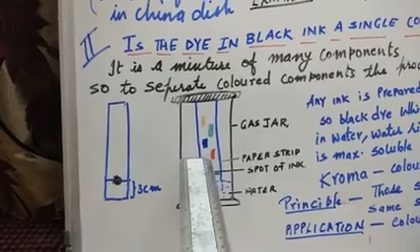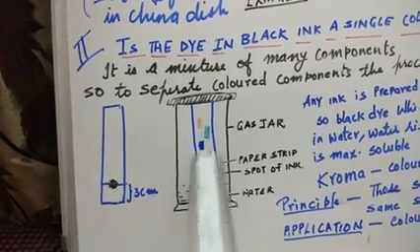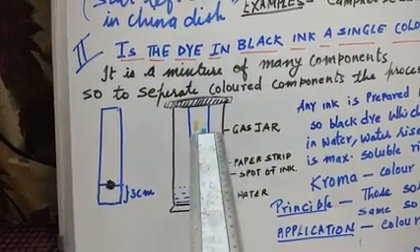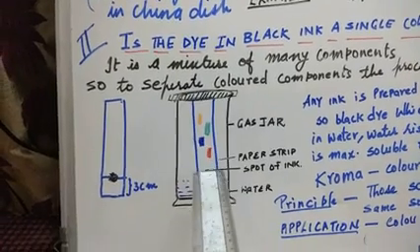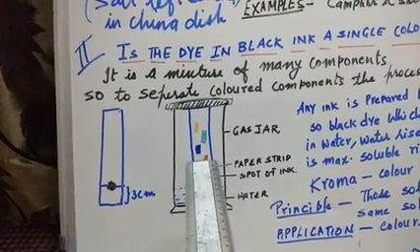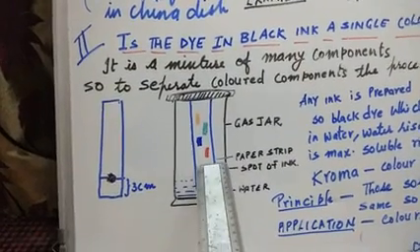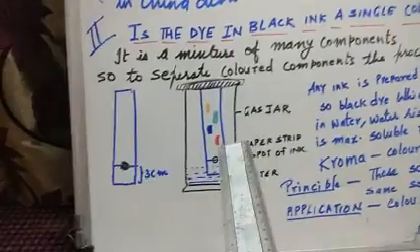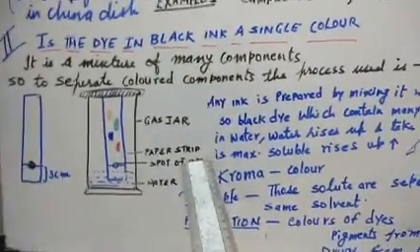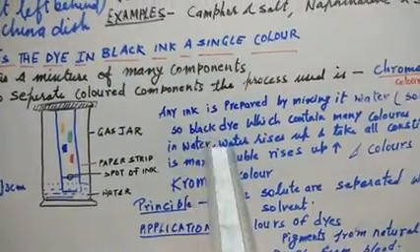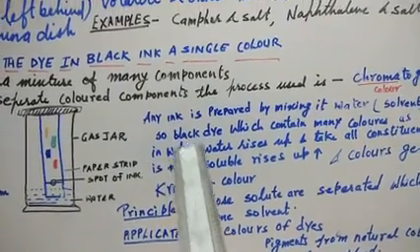How will we get these different bands on the chromatography paper or the filter paper? कैसे मिलते हैं? What decides which color will be on the top and which color will be on the bottom? So here I have written some notes on chromatography, students.